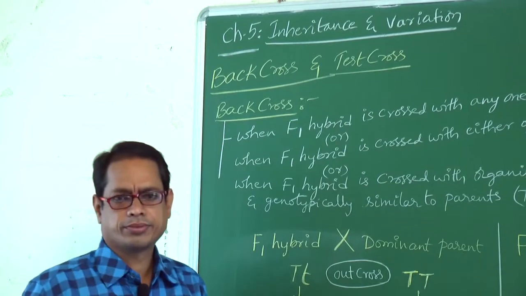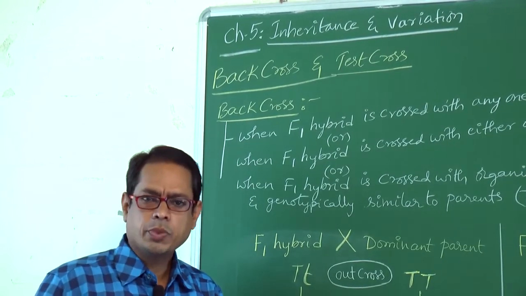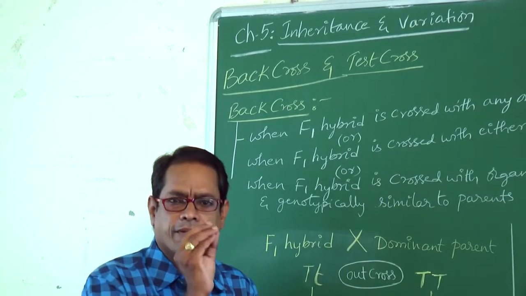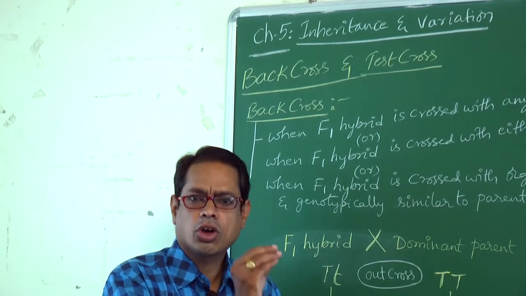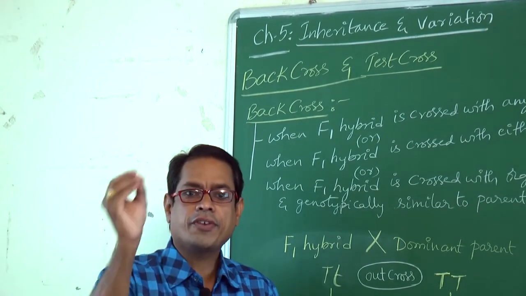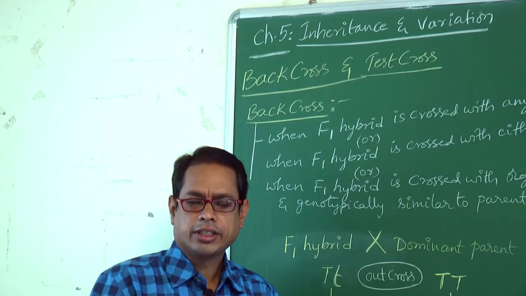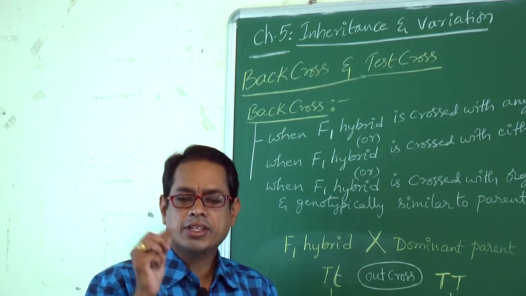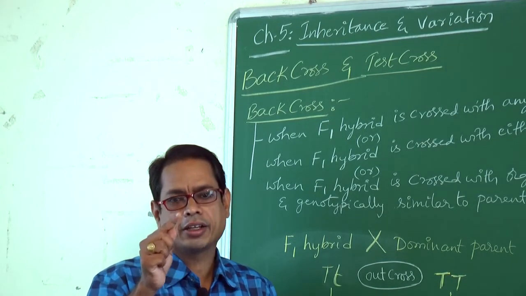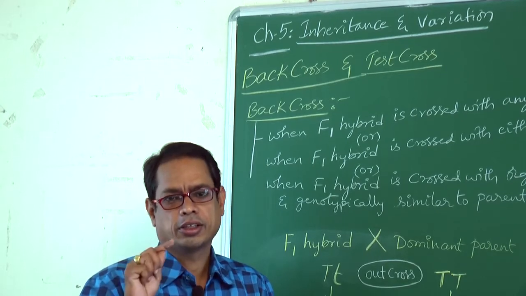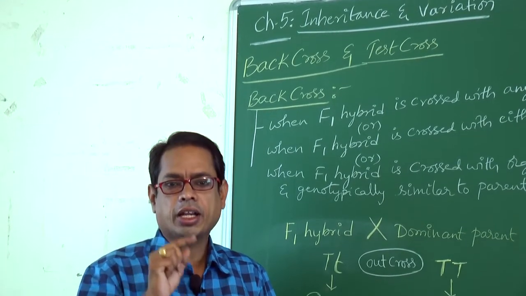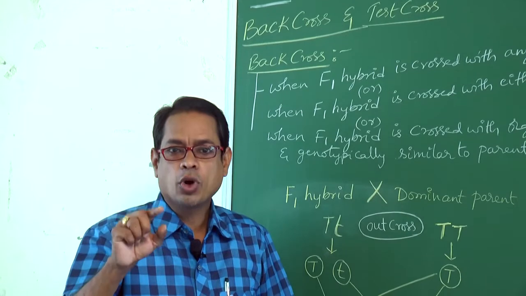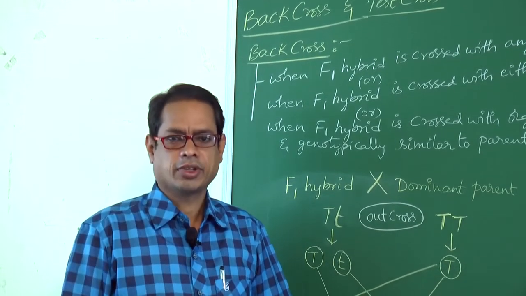Back cross. What is back cross? When F1 hybrid is crossed with any one of its parents. That means F1 parents are the dominant parent and the recessive parent, that is capital T and small t, isn't it? Right.